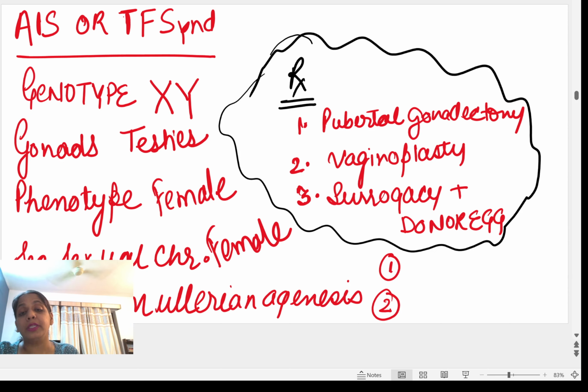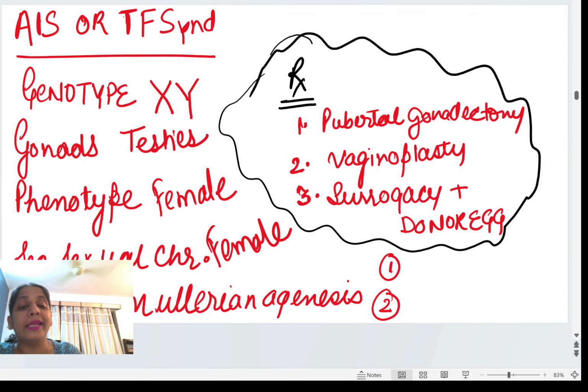Because in patients of androgen insensitivity or testicular feminizing syndrome, they don't have androgen receptors, the axillary and pubic hair will be absent in the patient of androgen insensitivity syndrome. But in the patient of Mullerian agenesis, they will be present.